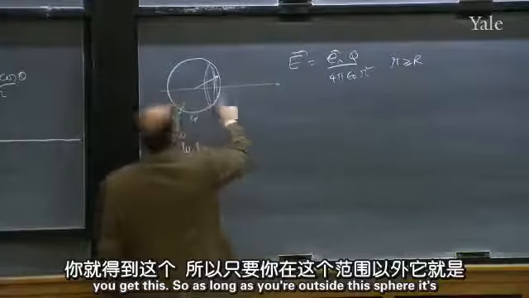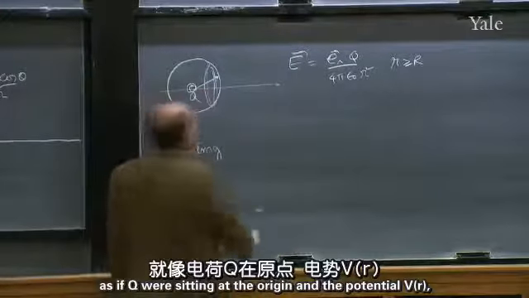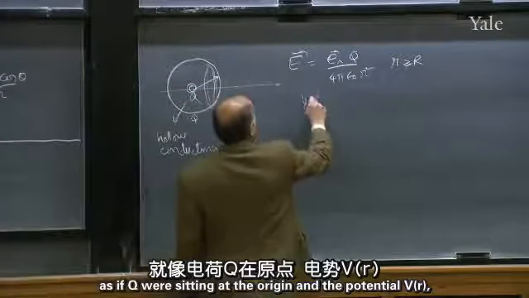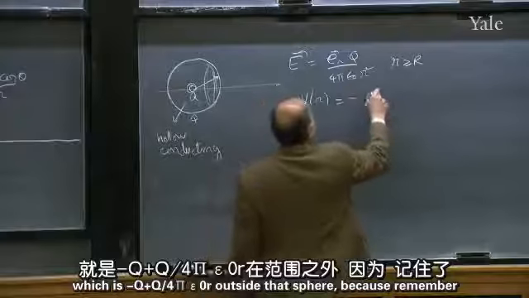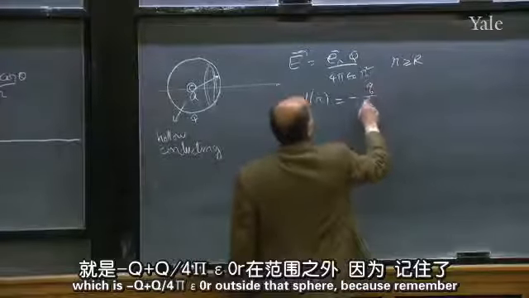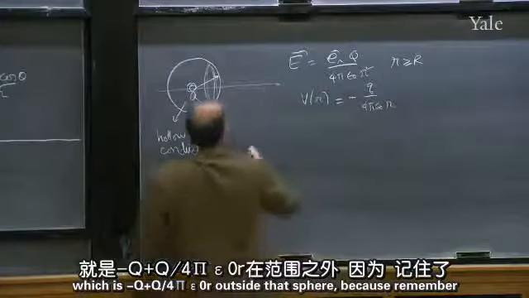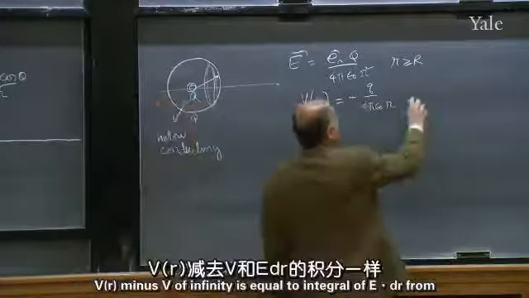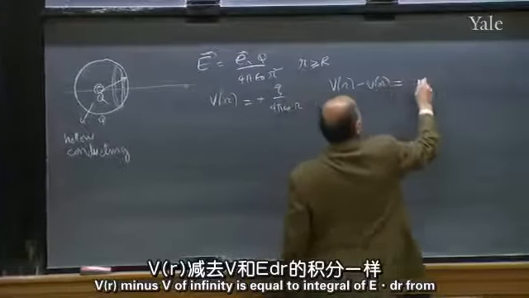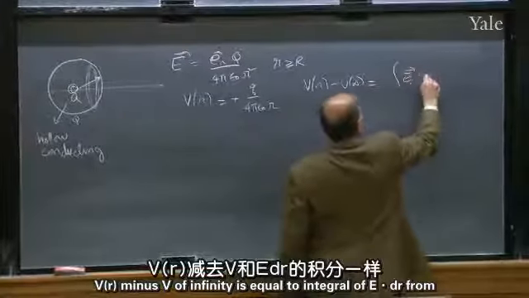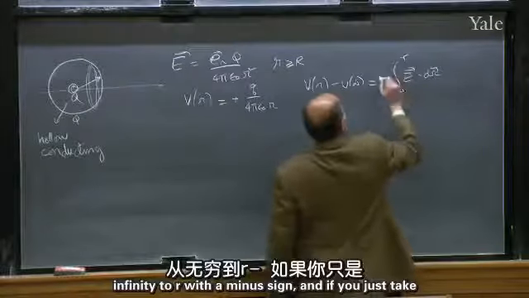So as long as you're outside the sphere, it's as if Q were sitting at the origin, and the potential, V of r, is plus Q over 4 pi epsilon 0 r, outside that sphere, because remember, V of r minus V of infinity is equal to the integral of E dot dr from infinity to r, with a minus sign.